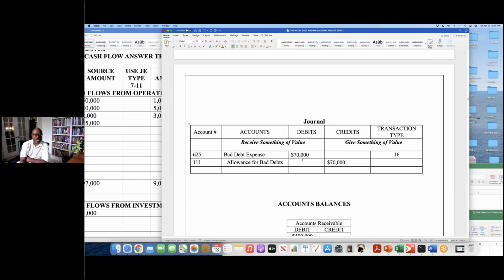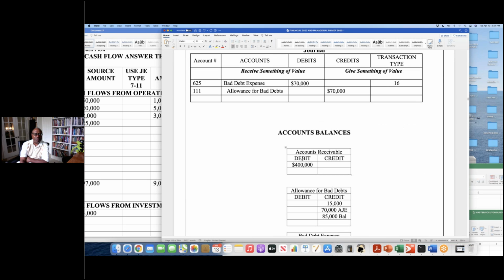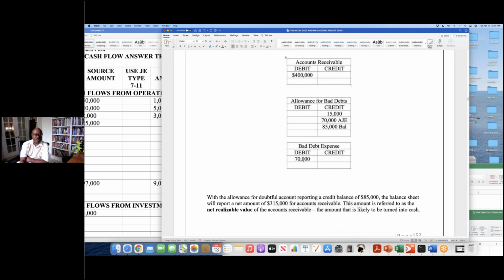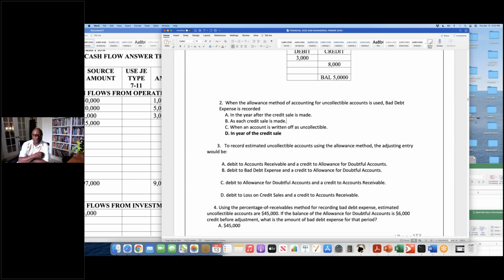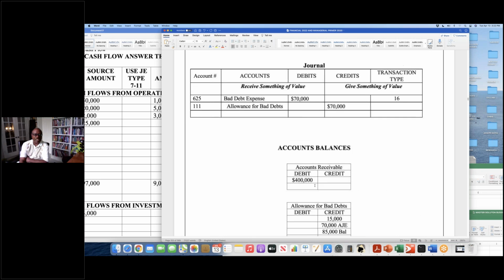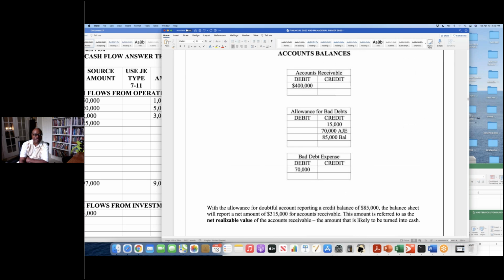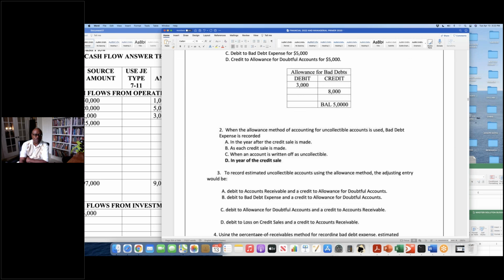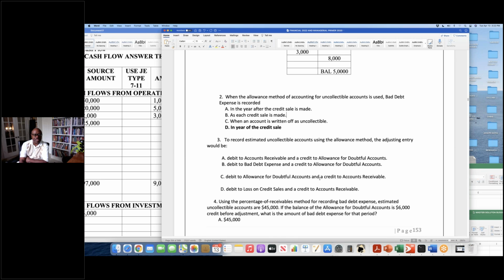So this is the entry we make. Give me a guess again. C. Debit to the left. Let's see. Now you're guessing all off today. There's 2 more, Ebony.